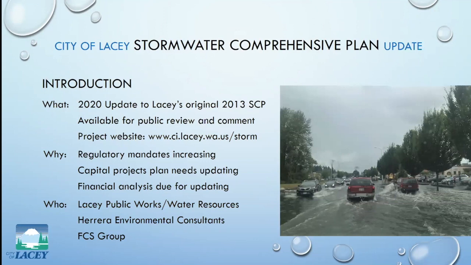The regulatory mandates have been increasing. Our capital project plan needs to be updated, and so does our financial analysis to make sure the utility stays solvent. So the project team is led by Lacey Public Works Water Resources Division with input by many others here on staff, and our consultant team, which is Herrera Environmental Consultants and the FCS Group.